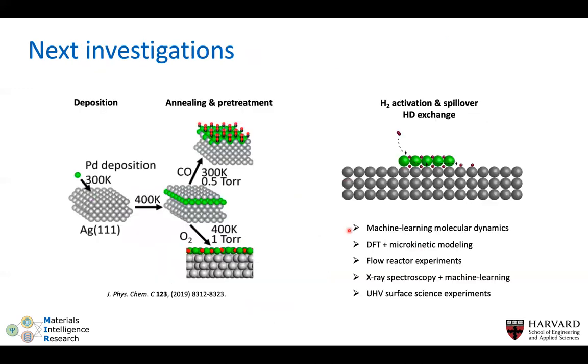So our next investigation, of course, will focus on developing reactive force fields to be able to simulate systems with adsorbates and their effect on restructuring, such as carbon monoxide and oxygen. At the moment, we're focusing on hydrogen activation and spillover in dilute palladium silver and palladium gold. And this is in collaboration with experimentalists and various theoretical approaches.